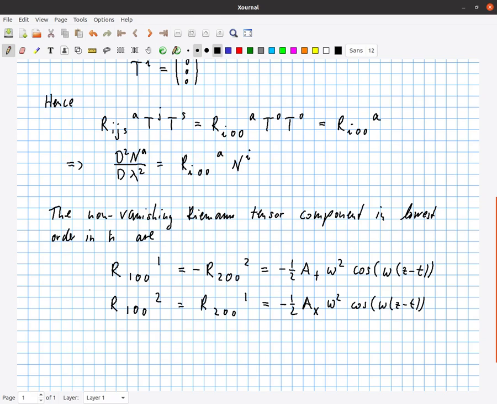So in particular, h was chosen in what we called the transverse traceless gauge, so that the gravitational wave's action is transverse to its propagation. Propagation is along the z direction, and it was traceless. In the diagonal, we had those components A plus and then minus A plus, and A cross were the off-diagonal components.